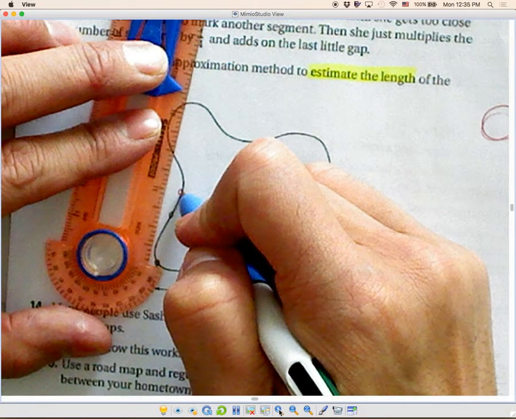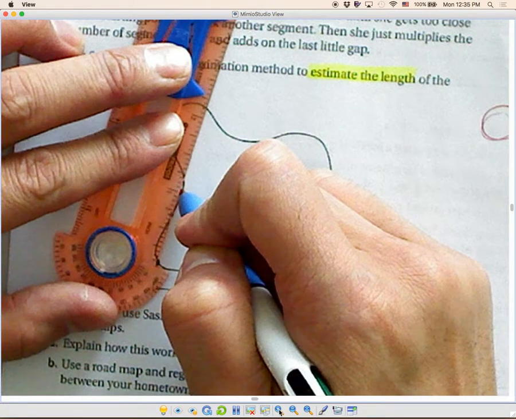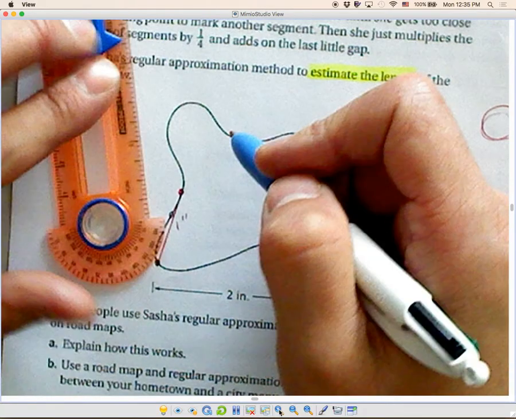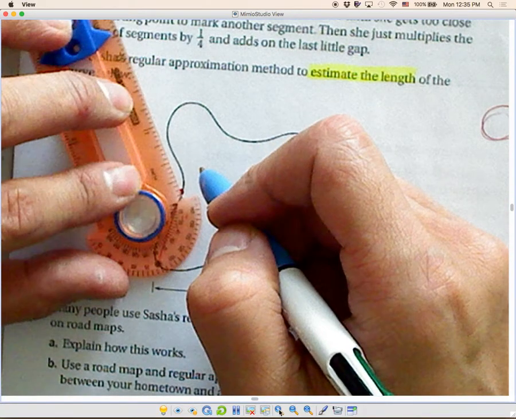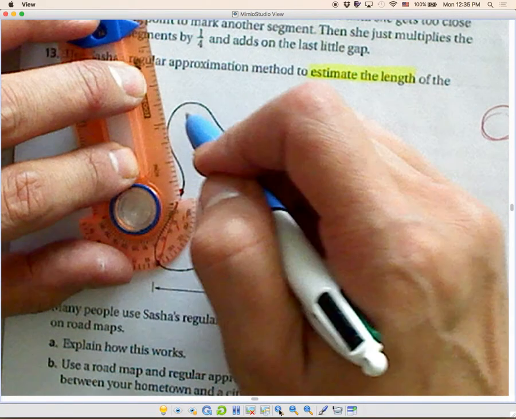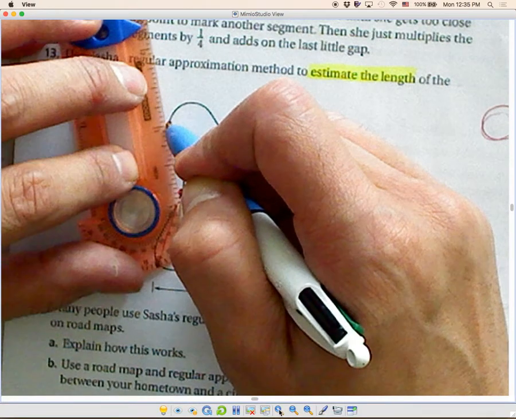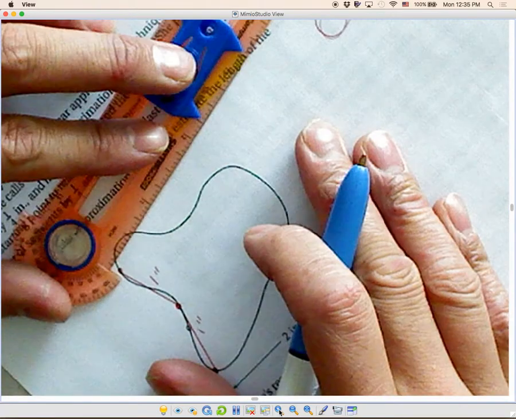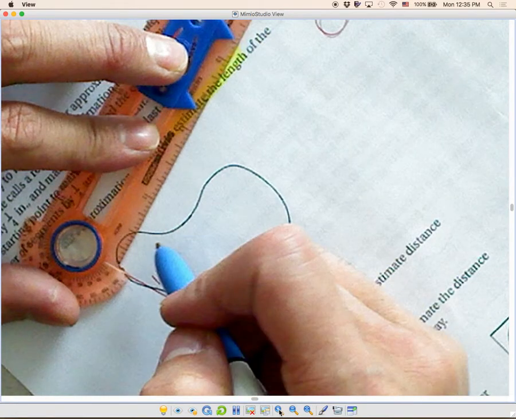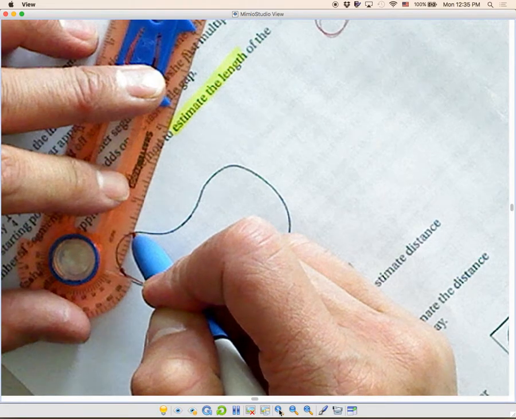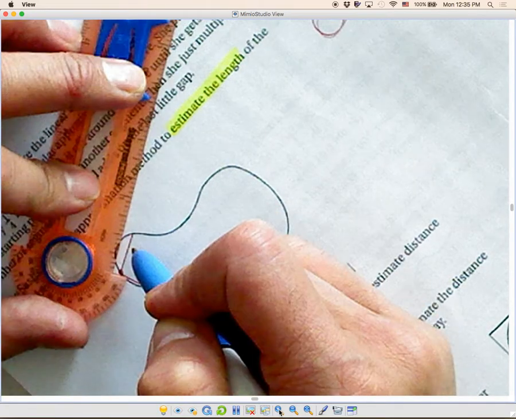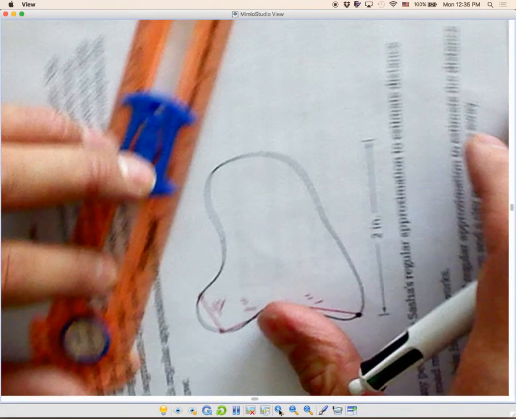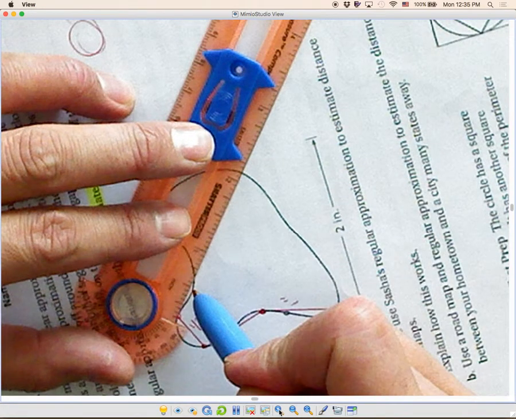So from here to here is 1 inch. And then she keeps going. Here's 1 inch here. And then instead of doing 1 inch, you can do 1/2 inch here, and then use another 1/2 here.